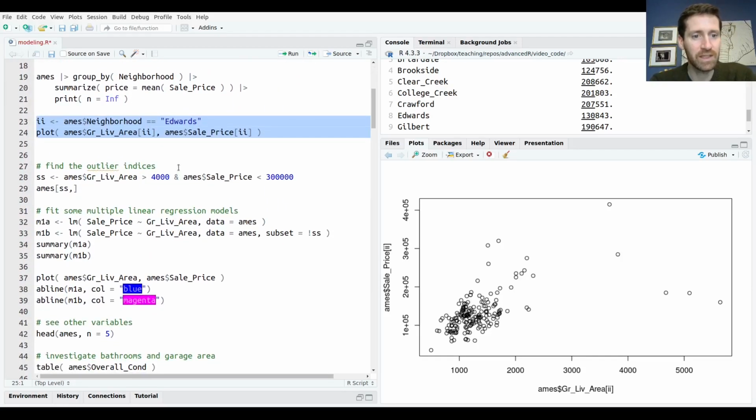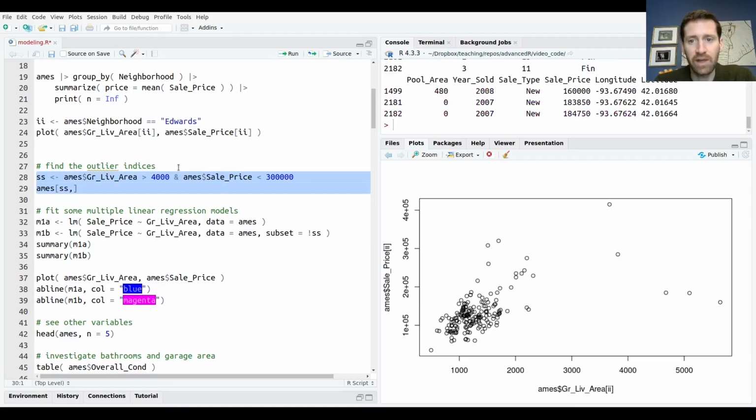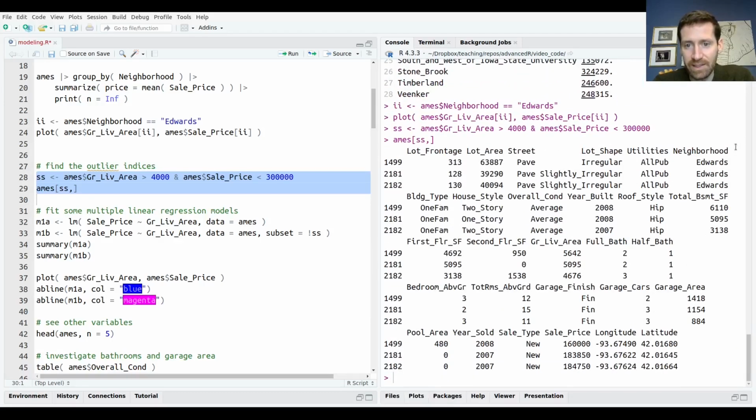But just to see, how am I going to remove them? I need to basically find them. So what I wanted to get is all the houses whose living area is bigger than 4,000 and whose sale price is less than $300,000. If I do that, I grab exactly those three houses. Those are them. Where's the sale prices here?